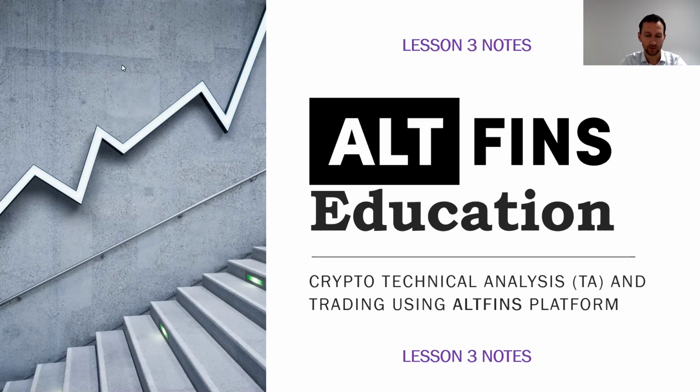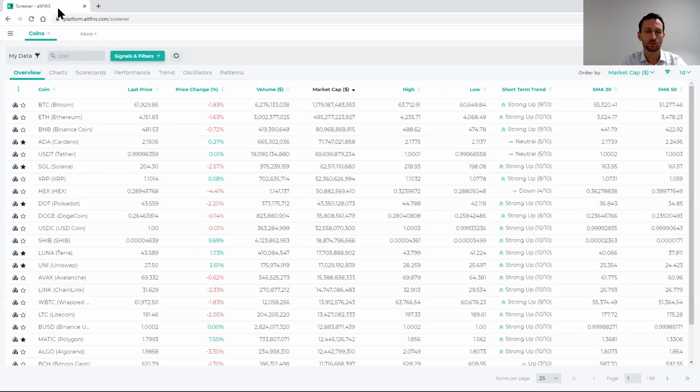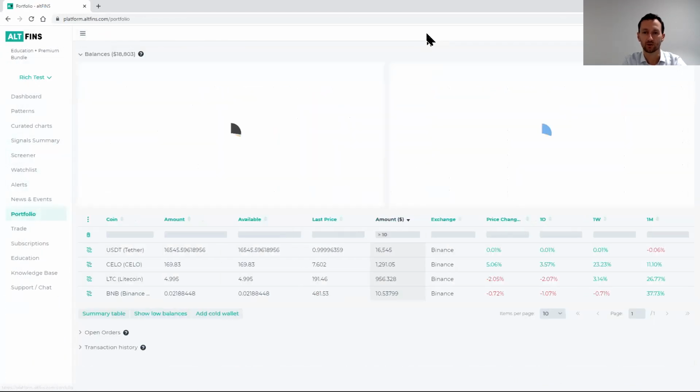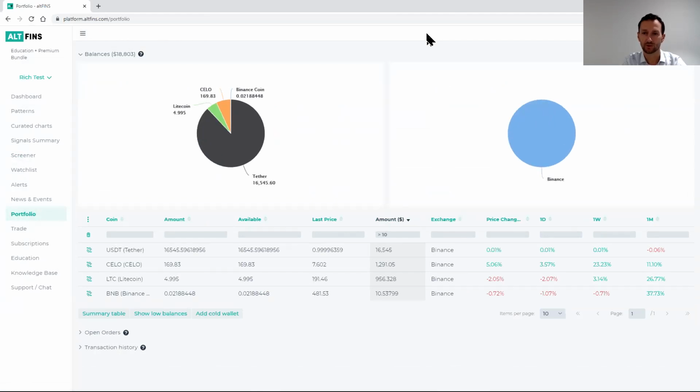Now, let's also review the state of our portfolio after the 2 lessons that we had last week. We put on a couple of trades, and we'll do some trades today as well. Specifically, again, this is available to you if you connect your exchange account to the platform through the API.